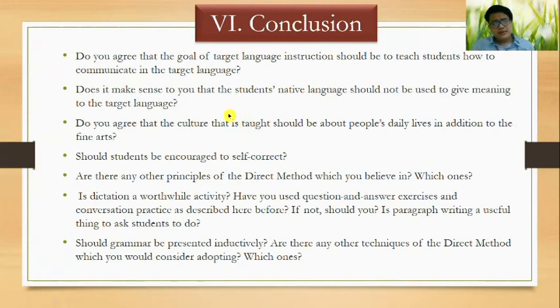Moving to the next question that you should ask yourself: does it make sense to you that the students' native language should not be used to give the meaning of the target language? The next question: do you agree that the culture that is taught should be about the people's daily life in addition to the fine arts?